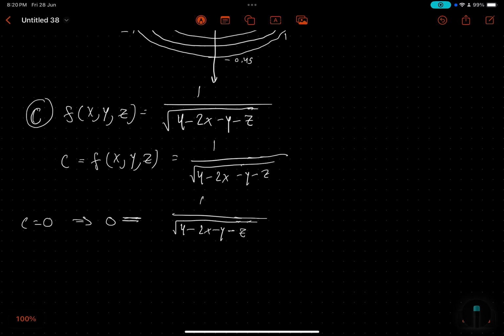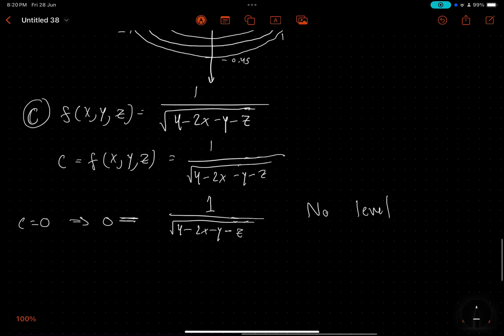So for 0, we cannot get this to give us a value of 0, since here the numerator is 1. If we want to get 0 here, we need to get 0 in the numerator, and this is impossible. It's only 1. So there are no level curves for c equals 0.